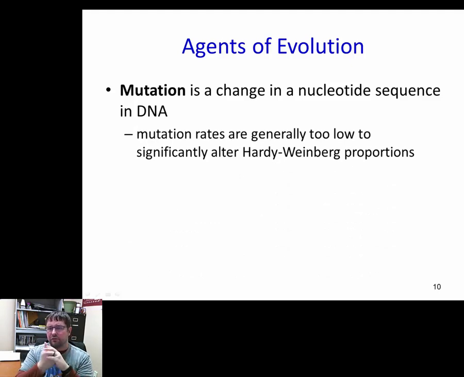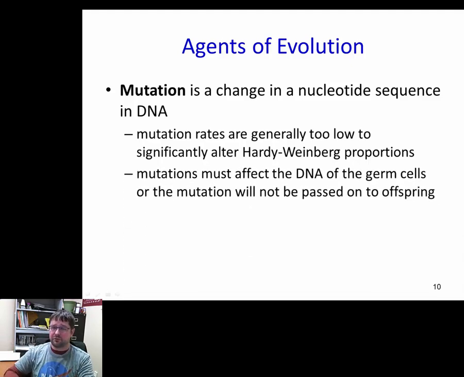Now, as long as you don't have a huge amount of mutagens in a certain region, mutations alone are not going to drive evolution. They just don't happen often enough to change enough genes that the frequency of alleles could change in a population.